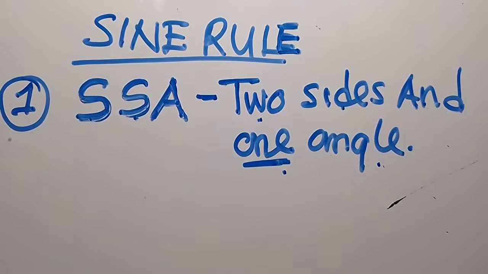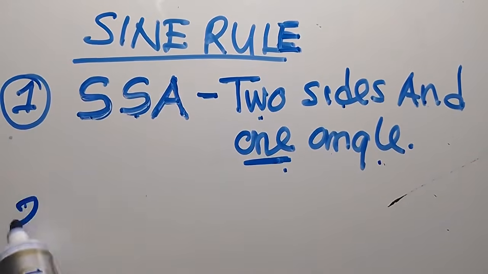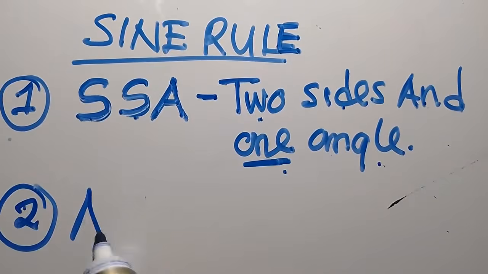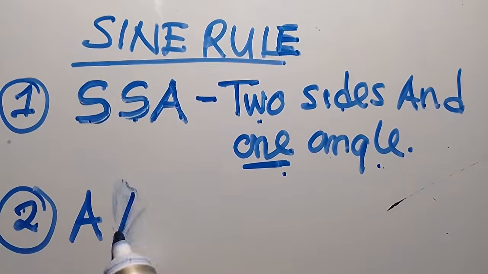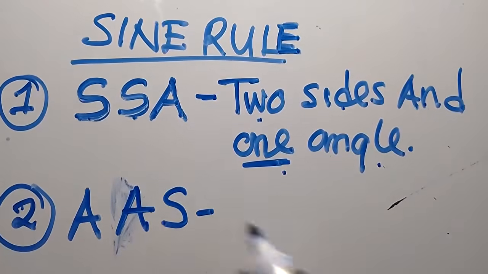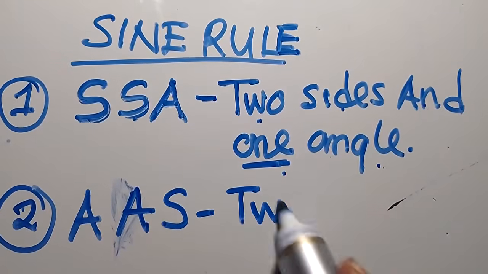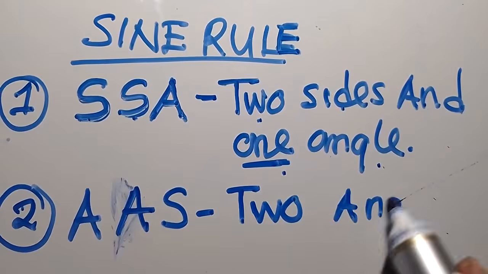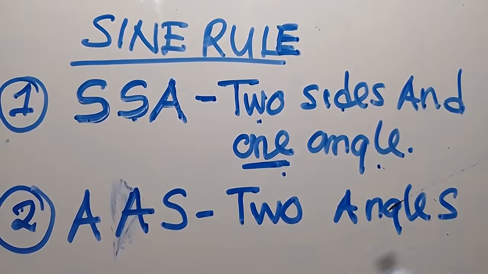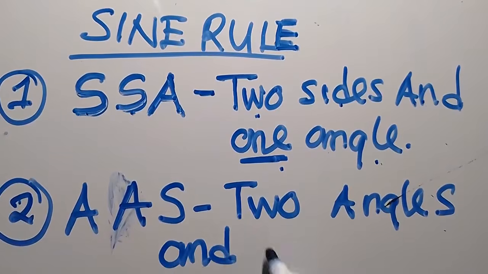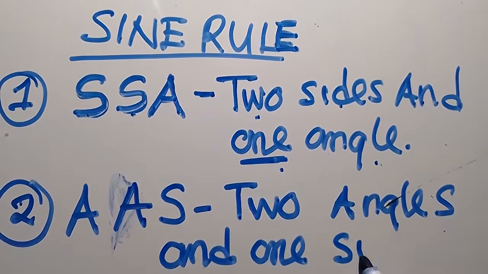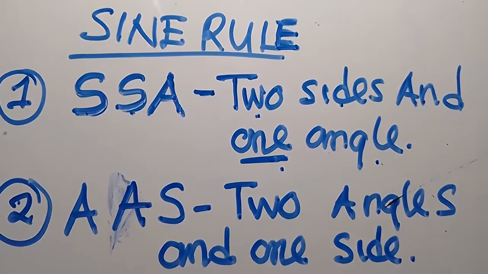The second one is that we have got two angles and one side. This is what you need to get.